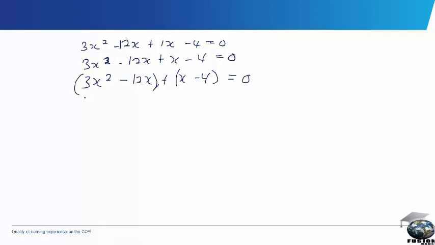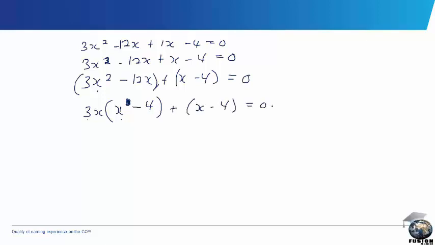The common factor here is 3x, because I can bring out 3x comfortably from this, and then here remains x, not x squared, and here we are left with 4, because 3x times x gives you 3x squared, and 3x times 4 gives you 12, and then the x follows, plus x minus 4.